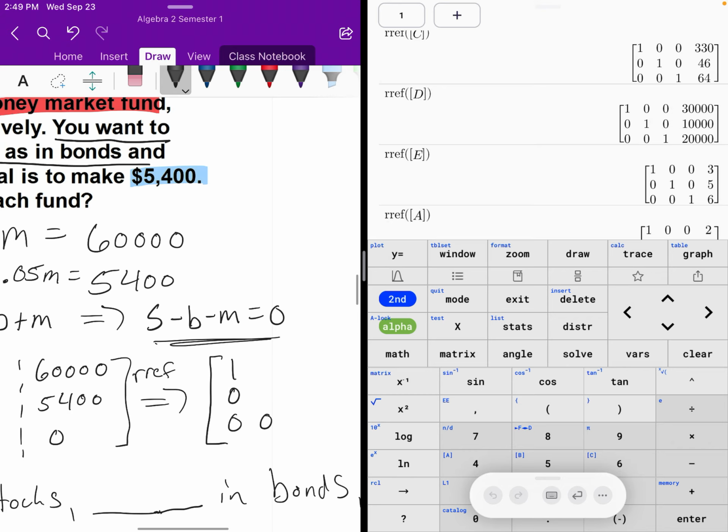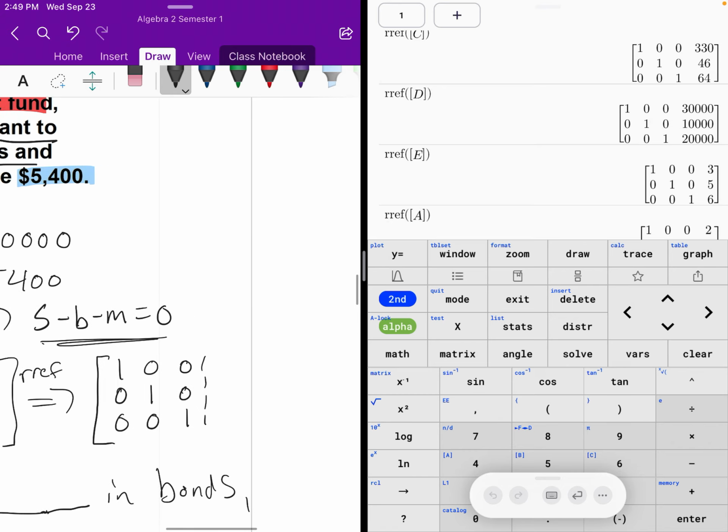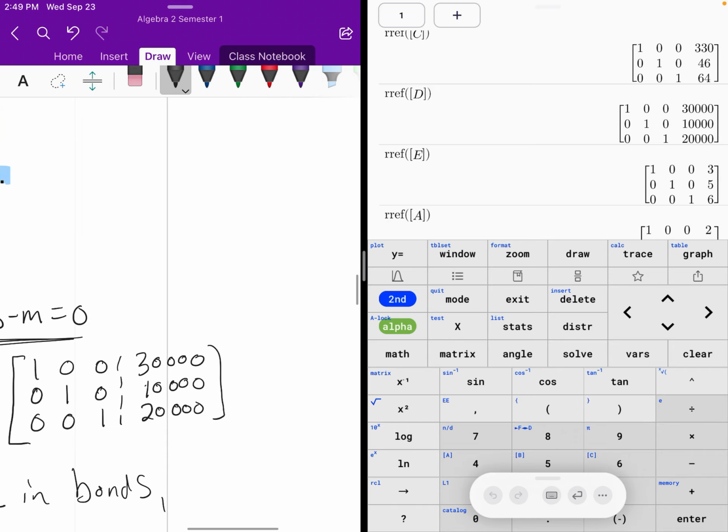We have our diagonal of 1s, and then 30,000, 10,000, and then 20,000. Again, this is our stocks, 30,000, bonds, 10,000, and our money market was 20,000.